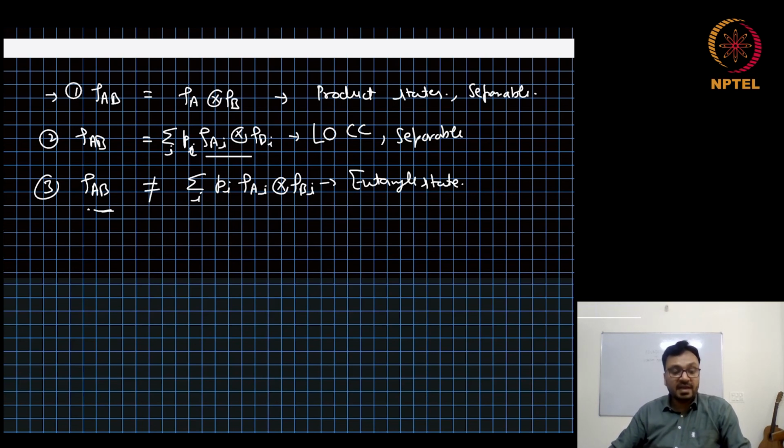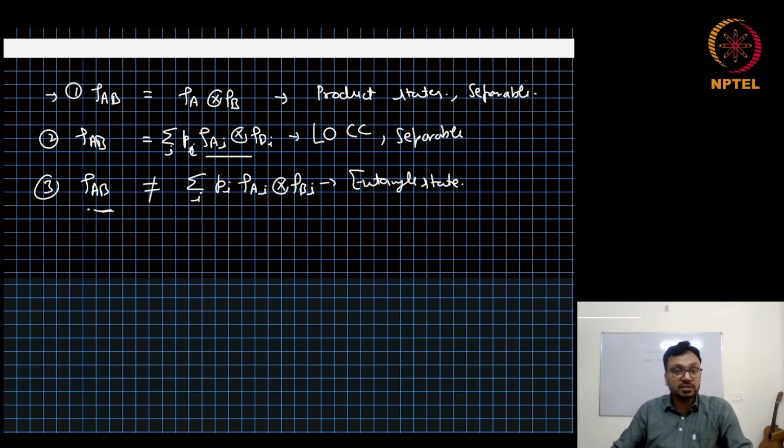And if we can prove that the separable decomposition of a state does not exist, then the state must be entangled. So what does it mean? It means that if by some method we cannot find the separable decomposition, we cannot be sure whether the given state is entangled or not. But if we can find even one separable decomposition, then we are sure that the given state is a separable state.